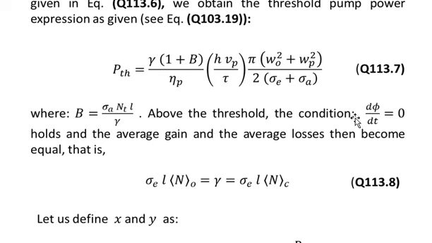Above the threshold, the condition d phi over dt is equal to 0 holds, and the average gain and the average losses then become equal. That is sigma E times L times the average value of the steady state population inversion, which we have represented as average of n with a subscript 0. This is the steady state value.